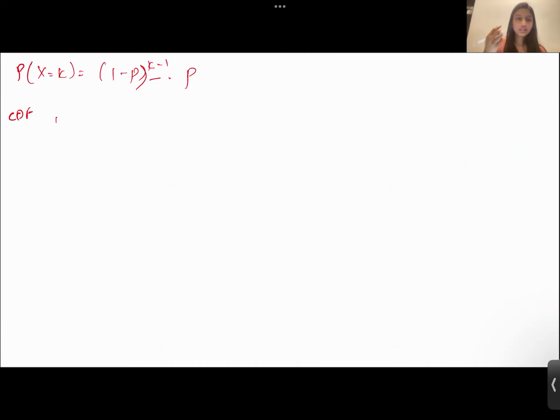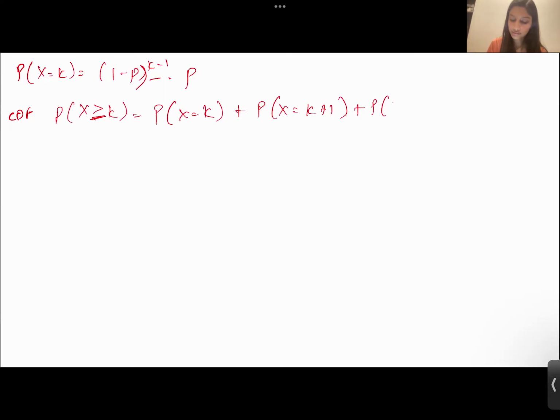For this, P(X ≥ k) can be expanded as P(X = k) plus P(X = k+1) plus P(X = k+2) and so on, which continues until you get a success.